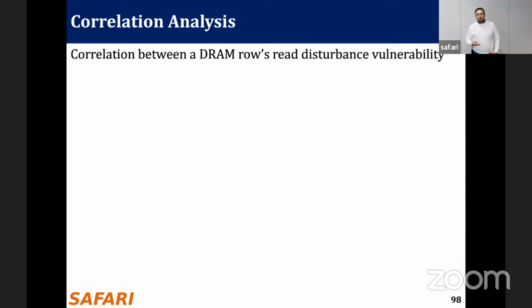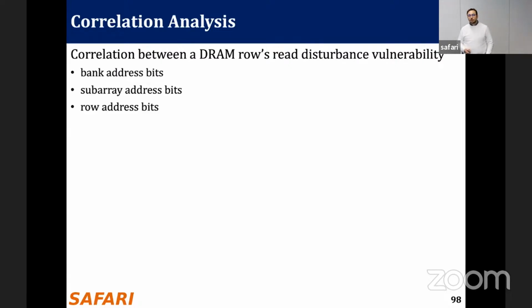Now we conduct some correlation analysis to understand if there's any correlation between a DRAM row's spatial features and its RowHammer or read disturbance vulnerability. For that, we look at bank address bits, subarray address bits, row address bits, and a row's distance to its local row buffer.